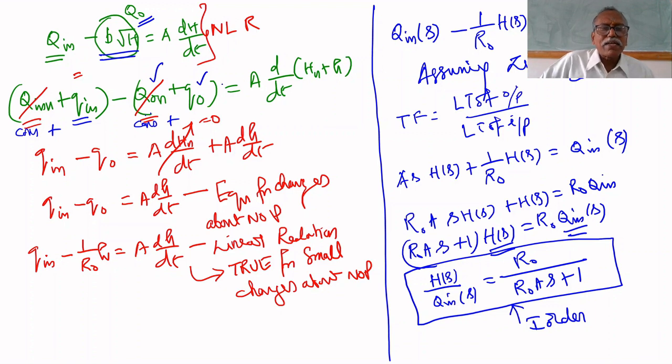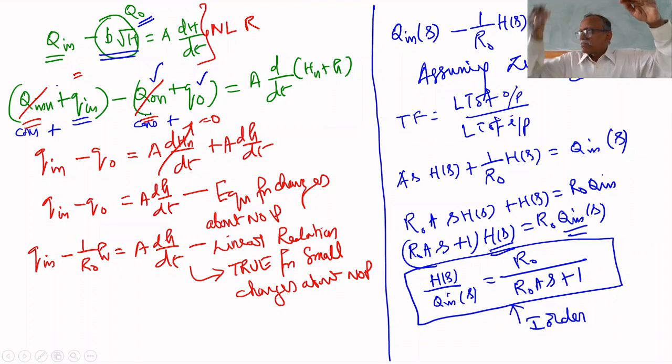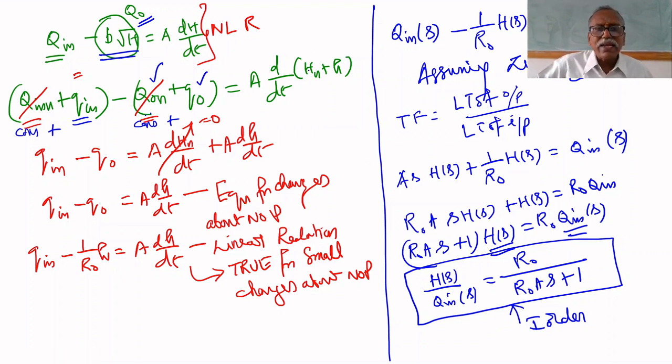But at the nominal operating point Hn, inflow rate equals outflow rate. If the level remains constant, inflow rate must equal outflow rate. That's why Q in nominal equals Q naught nominal, which cancels because of different sign. On the right-hand side, this is constant, that's why it becomes 0. Therefore, this can be written as q in minus q naught equals A dh by dt.